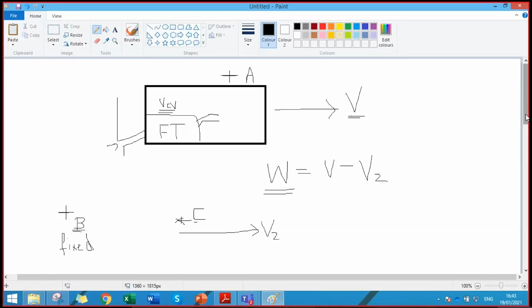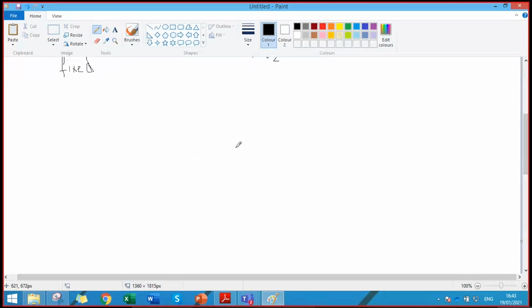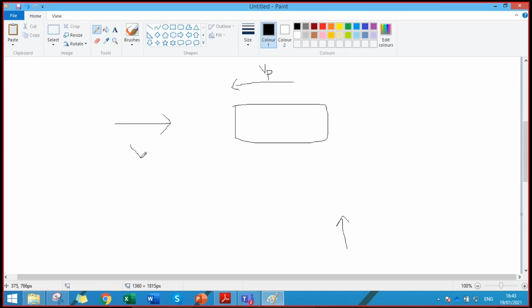Clear? Because most of the time in fluid mechanics, what would be happening? Let's say if this is a jet engine, from an observer perspective who is sitting on the aeroplane, it's stationary, right? From an observer on the ground, this jet engine would be moving with the velocity of the plane, right? But in actuality, the fluid coming into it would be in the opposing direction, having its own velocity.